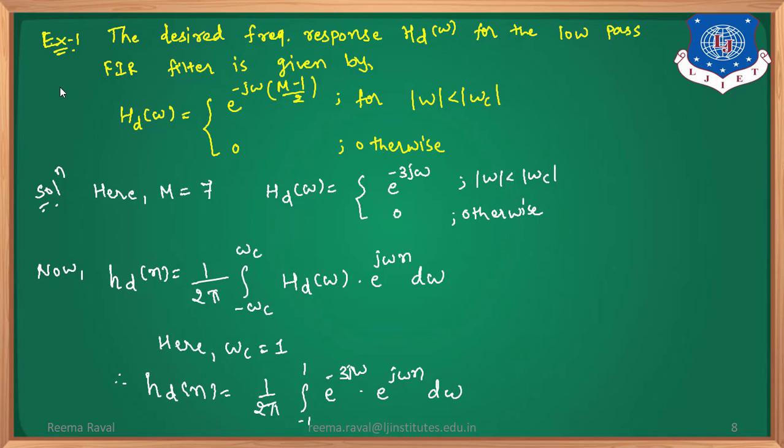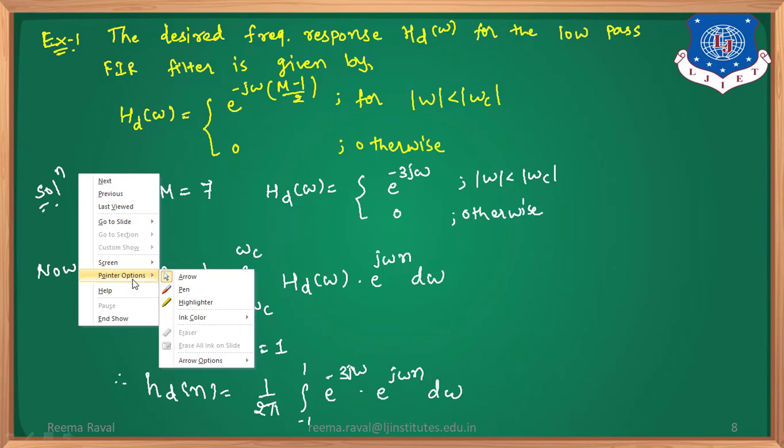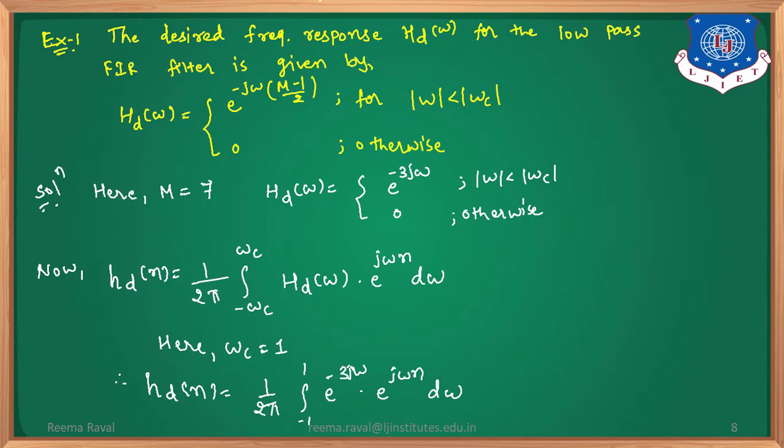Now in the data, assume that we have taken the values of omega c and m equals to 7, and in the exams, this data will be given to you already. That means here m equals to 7 and omega c, that is equals to 1 radian per second, that will be given in the data. Okay, so we have taken these two values over here.